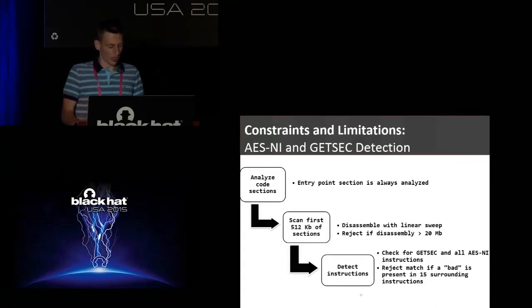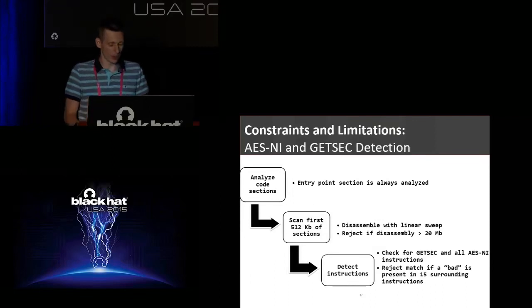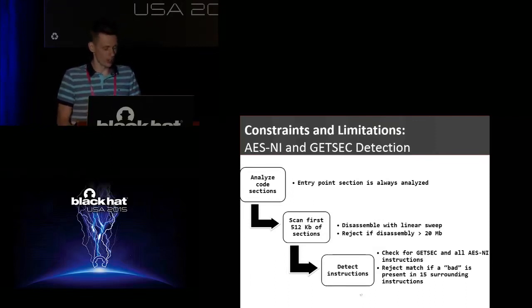When it comes to finding the crypto instructions and GetSec, we were using the following approach. So we were analyzing executable sections and a section with the entry point in case your entry points to non-executable sections. So this happened as well. And we were limiting the size of the section.